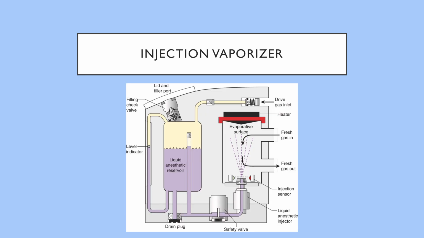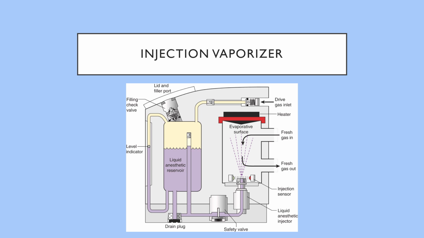With the injection vaporizer, gas from an anesthesia machine enters through the drive gas inlet and pressurizes the liquid anesthetic reservoir. This provides enough force to inject liquid through an injector where it enters a heated vaporizing chamber and leads to rapid evaporation and allows for combining that anesthetic gas with the fresh gas.